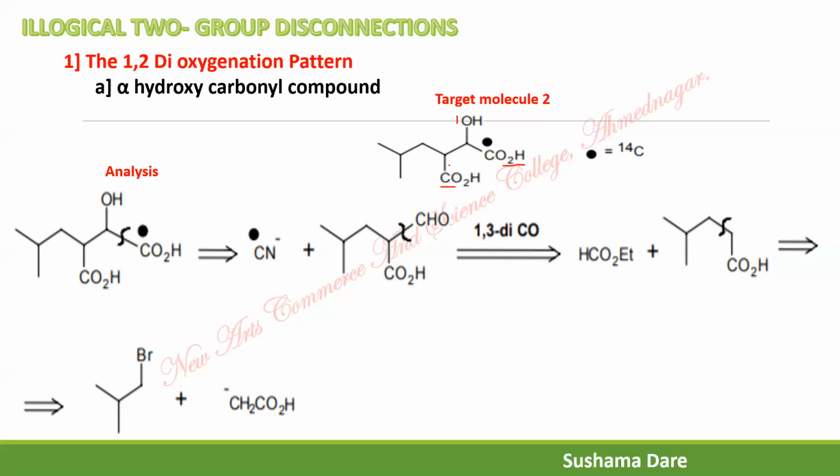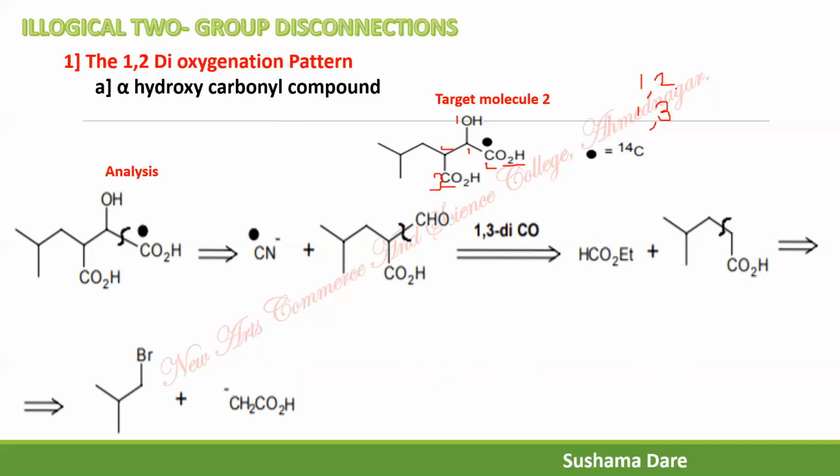As you know, a hydroxy group is there, so I start the numbering from this as 1, this one is 2, and this is 3. So you have two relations: a 1,2 relation, which is a 1,2-dioxygenated pattern, and the other relation is a 1,3 relation.